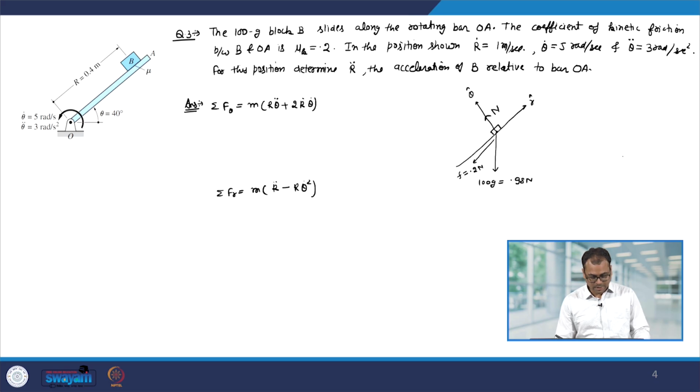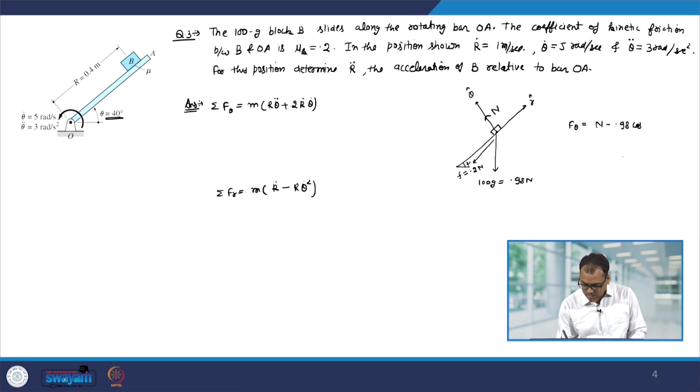Now, you can see that the f theta or the force along the theta cap direction is n minus the component of the weight along the theta cap direction, which is 0.98 cos, and we have to determine all this at theta equal to 40 degree.